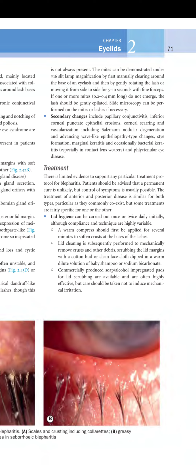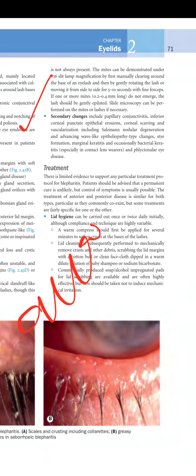Secondary changes include papillary conjunctivitis. So these are all the things that can be associated with blepharitis. It is a very common association, and we must remember these: papillary conjunctivitis, inferior corneal punctate epithelial erosions, corneal scarring and vascularization, including Salzmann nodular degeneration, and advancing wave-like epitheliopathy, styes formation, marginal keratitis, and occasionally bacterial keratitis, especially in contact lens wearers, and phlyctenular eye disease.